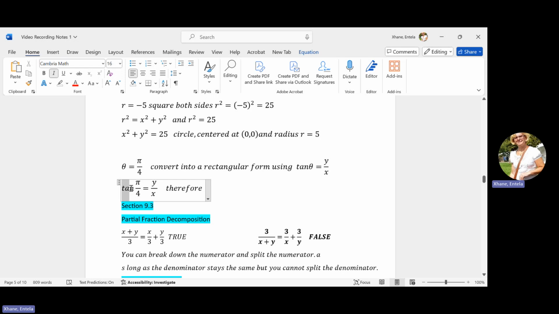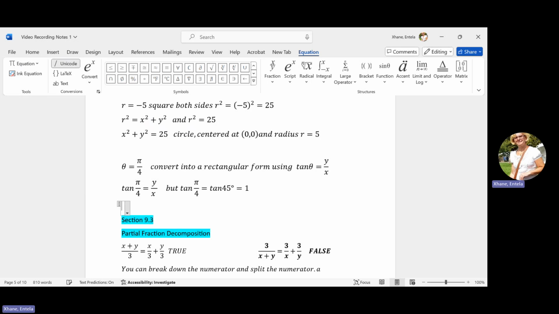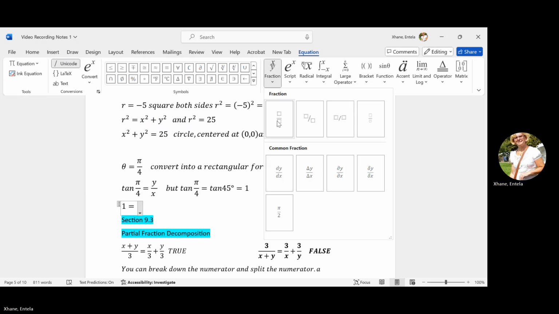We know that tangent of pi over 4 is equal to 1. Let's write this in degrees, which gives you an opportunity to better understand this. So therefore, 1 is equal to y over x.